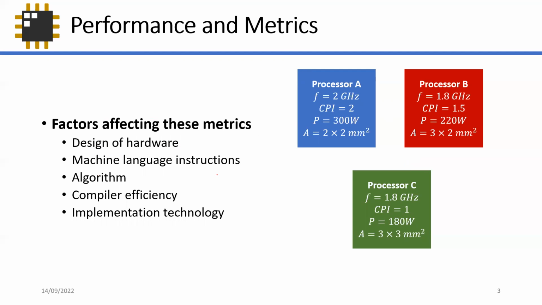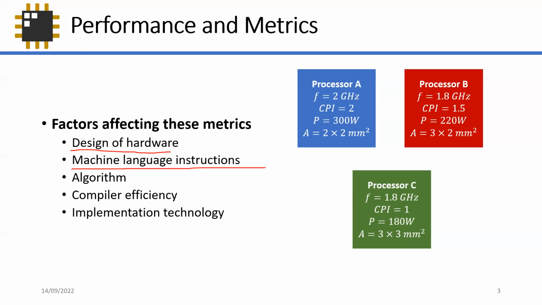So there are many factors affecting these metrics. First and foremost, of course, is the design of hardware. Sometimes maybe the processing unit, the one that works on the operations like addition, subtraction, multiplication, in processor B is not so good, and processor A may be much better because of parallelism, things like that. The types of machine language instructions, this actually is very important.